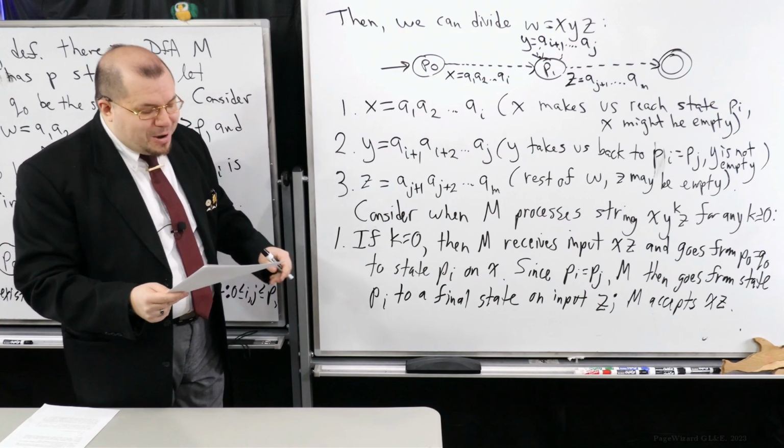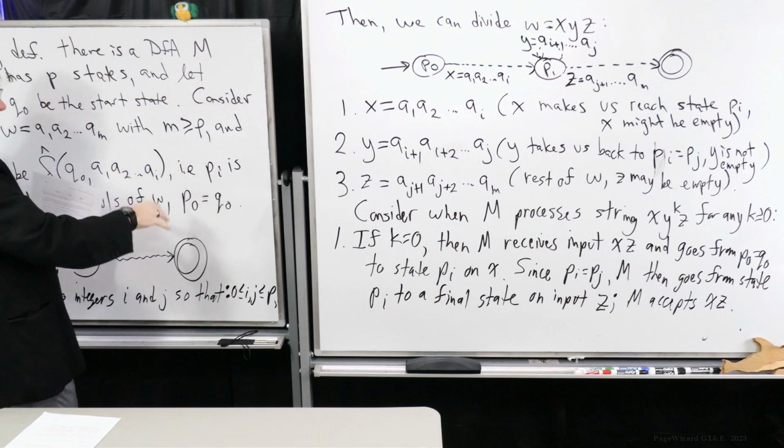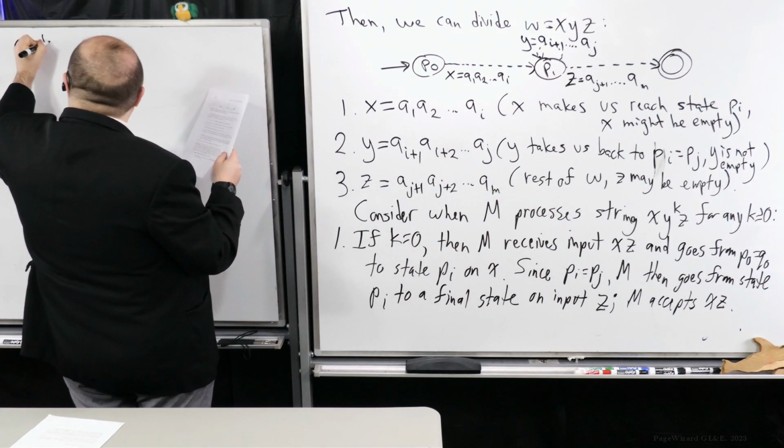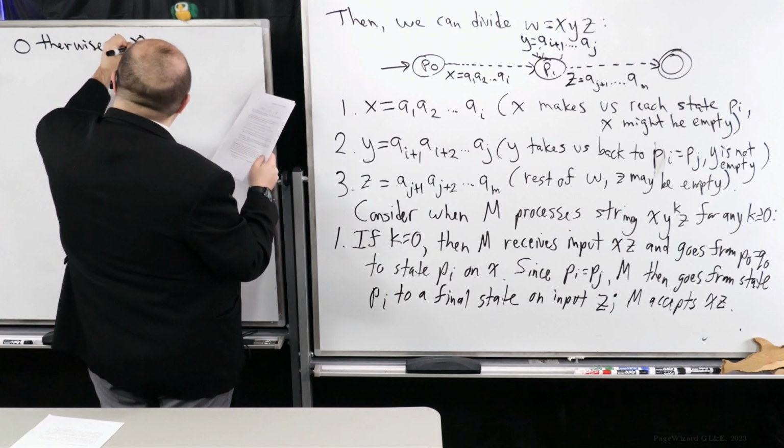There's another possibility, so let's consider the other possibility right here. Otherwise, k is greater than 0.